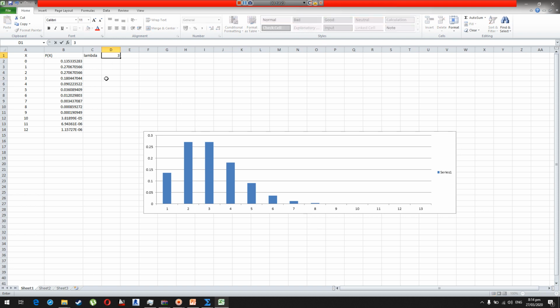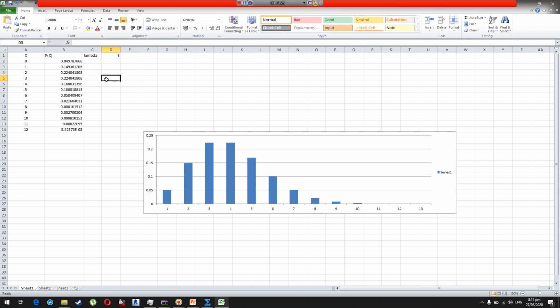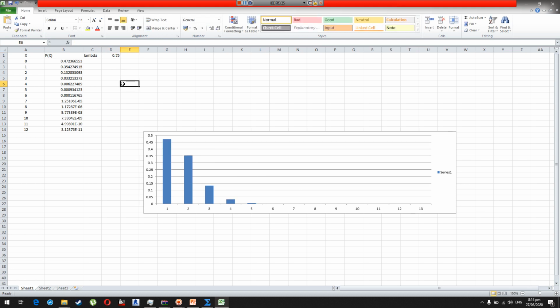Let's see 3. If the lambda average value is 3, the average will fall somewhere here, so most of the data is lying here. And as I said, if we have 0.75, most of the data is falling in this region. So the mean value of the Poisson distribution, lambda, actually represents its shape.